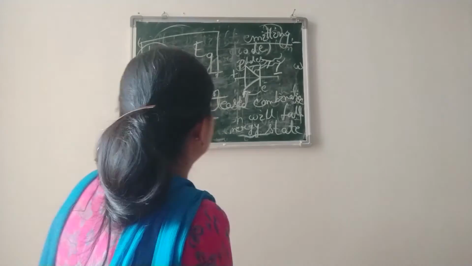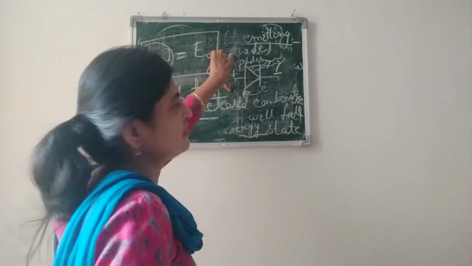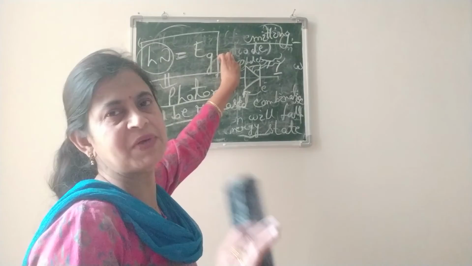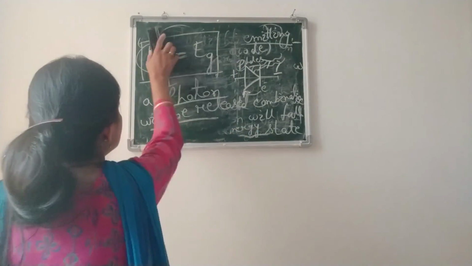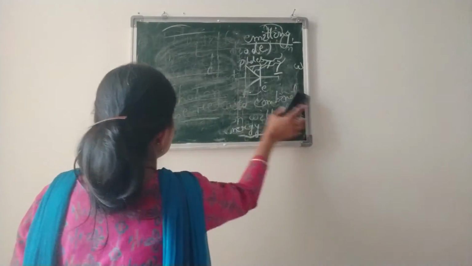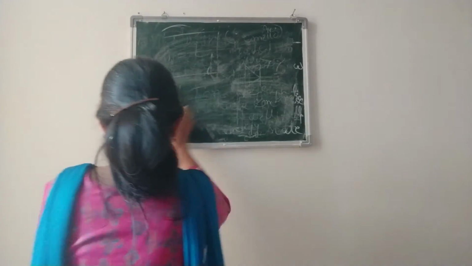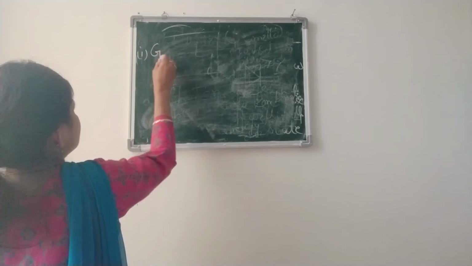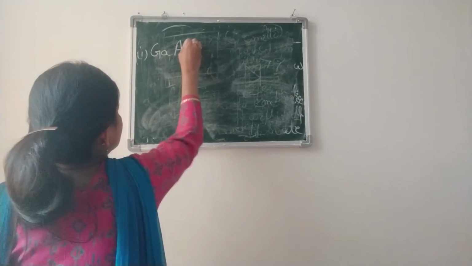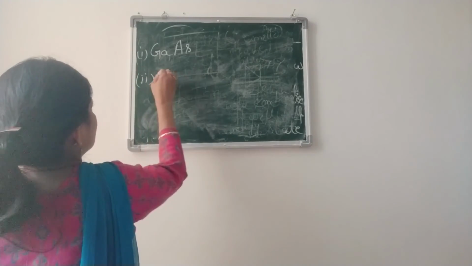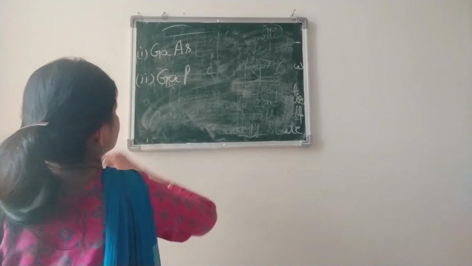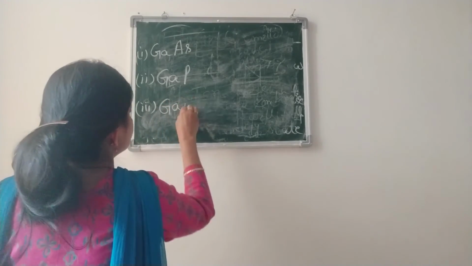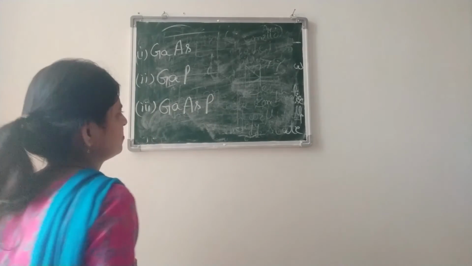Clear? Now, different colors of LEDs are available. That depends only on the nature of the materials used. Generally, we use gallium arsenide or gallium phosphide, or we can use gallium arsenide phosphide.